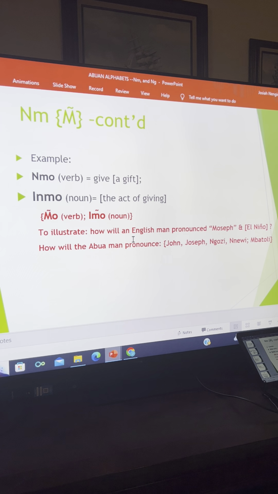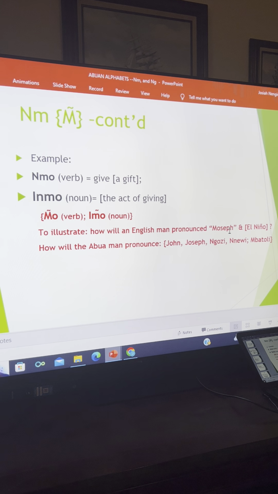All right, and I gave this illustration for people to understand. Think about this. How would the Englishman pronounce the name Mosef? The Englishman would simply say Mosef. He would employ F here because in his own letters, PH sounds F, a soft F. But in the Abuan language, PH is, see, Mosef.